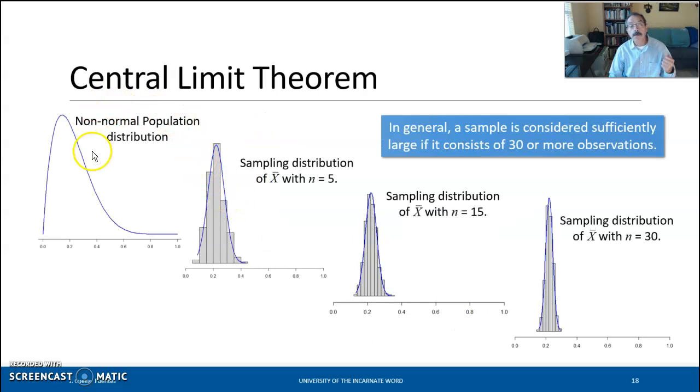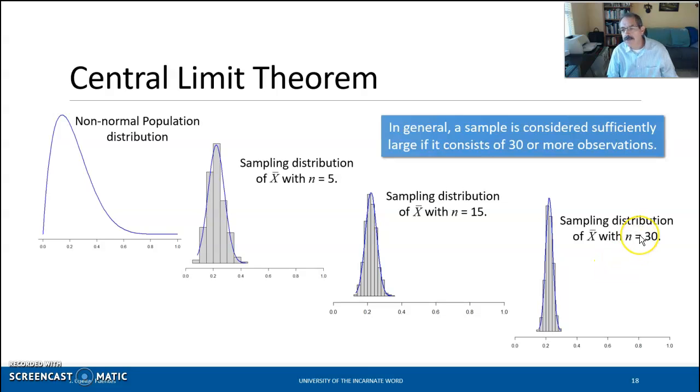Now, if the population distribution is not normal, say it looks skewed like it does here, and you construct a sampling distribution using samples of size 5, you can still see a hint of skewness. Even when you use samples of size 15, you still see a slight skewness.